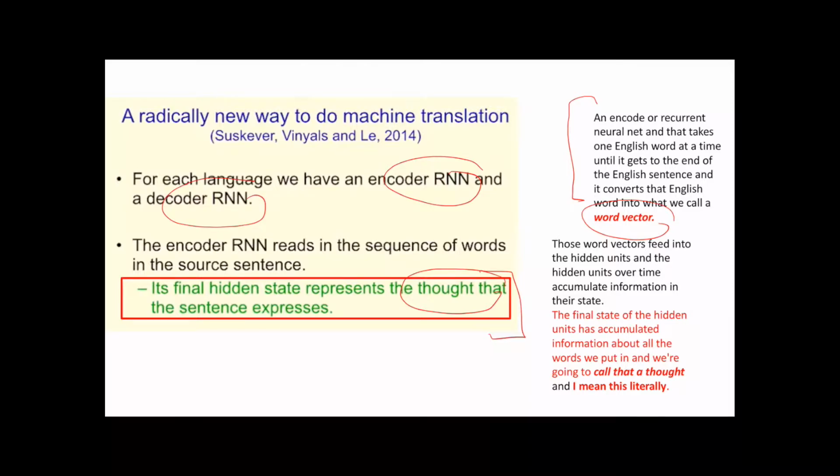Those word vectors are now fed into the hidden units, and the hidden units over time accumulate information in their state, relating the different word vectors to each other. Then the final state of the hidden units has accumulated information about all the words, and we are now going to call that a thought.